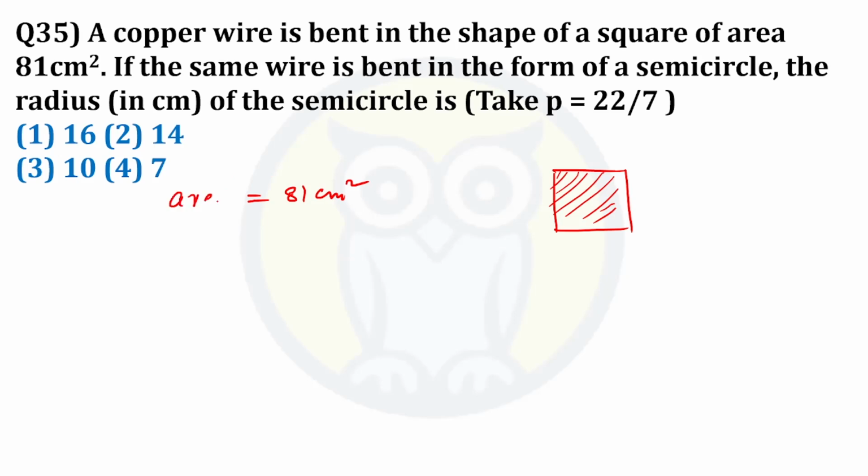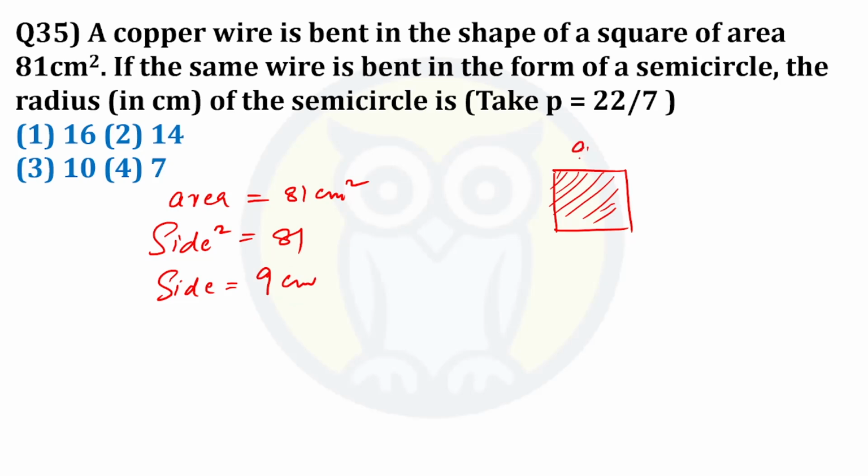This is the area of the square, and we can find out the side length because area is side square. Side square is 81, so the side is the square root of 81, which is 9 centimeter.